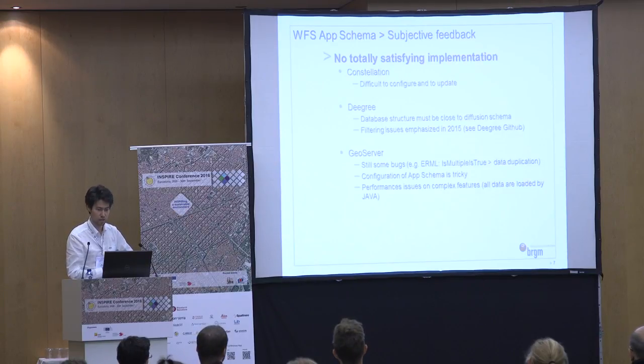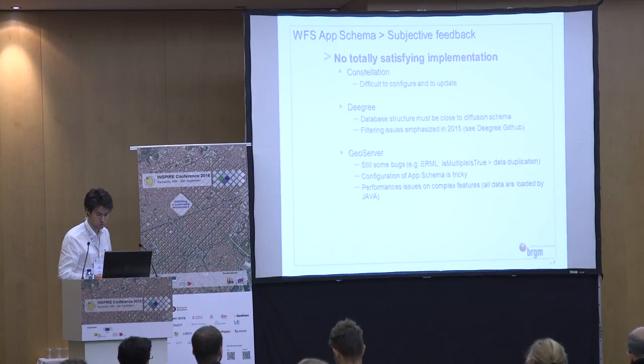So here is some subjective feedback from when we tried to implement the data with those tools. At the moment, we are not totally satisfied by any of those implementations.